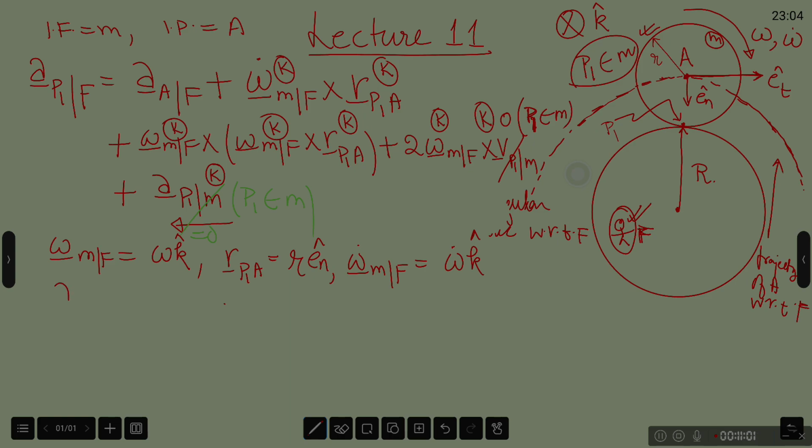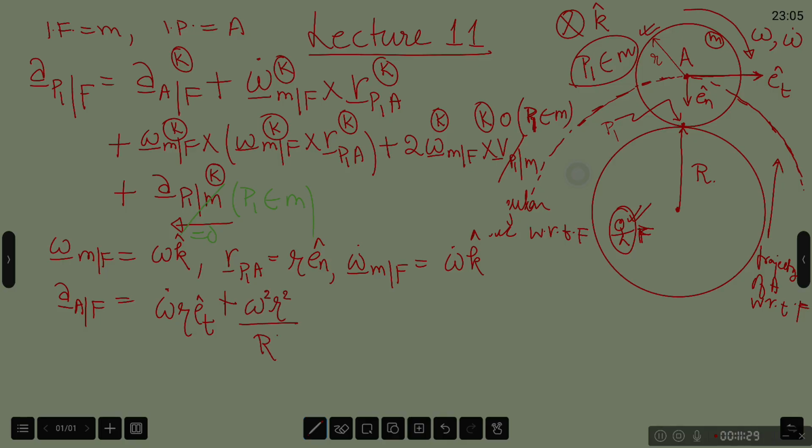I come across AAF. Is this a known quantity? Yes, it is a known quantity. In the last class we derived AAF as this. I wrote it on the previous slide also at the beginning of my lecture.